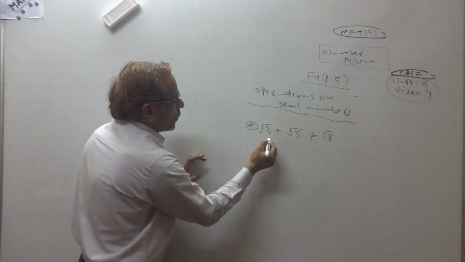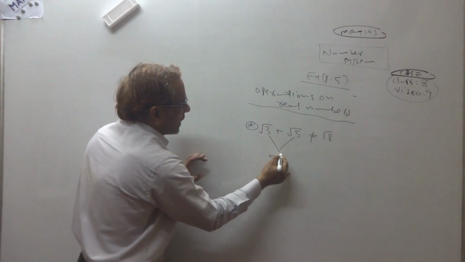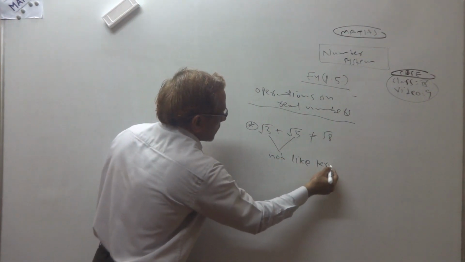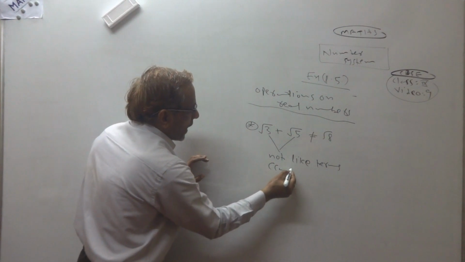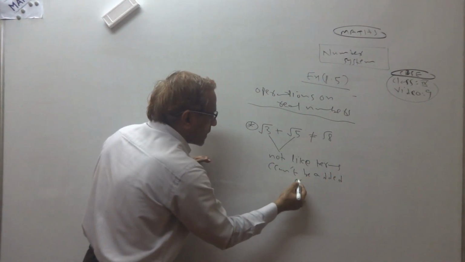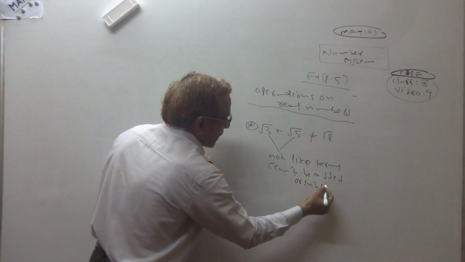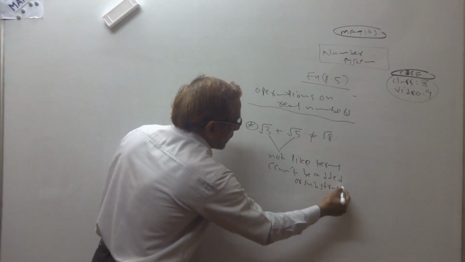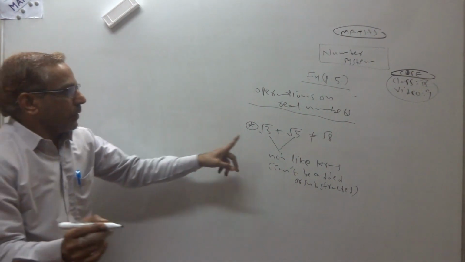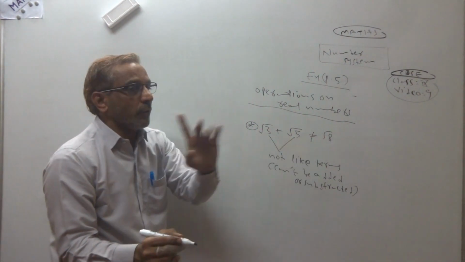Root 3 plus root 5, these are not like terms, so they can't be added or subtracted.